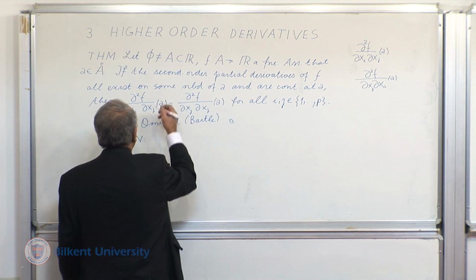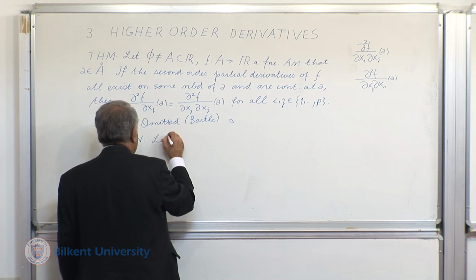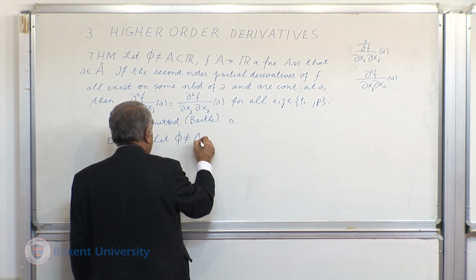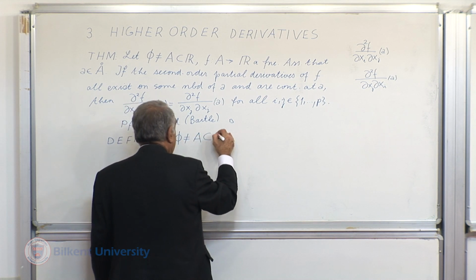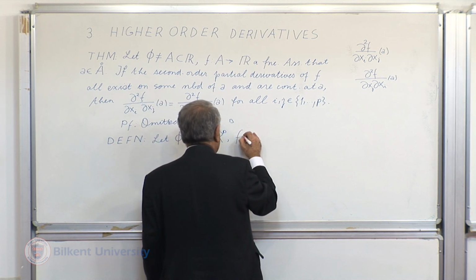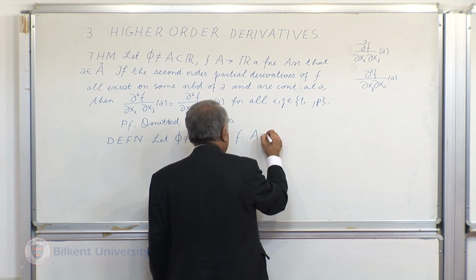Well, again, we need something similar as in here. Let A be a subset of Rp, f from A to R a function.